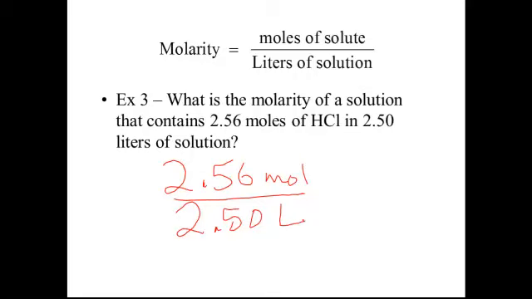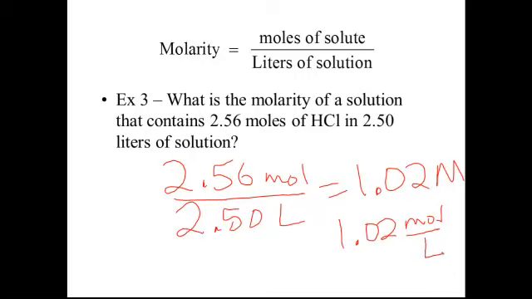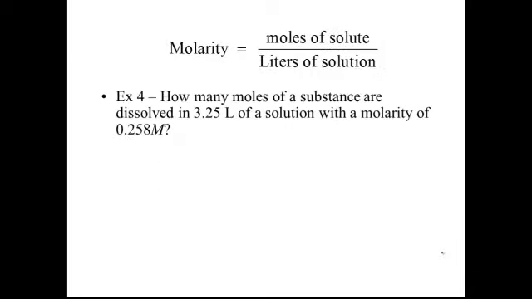So 2.56 divided by 2.5 equals 1.02. Now there's a couple of different ways you can write your answer here. You can write just 1.02 big M, or you can write it as 1.02 moles per liter. Either of those is a perfectly valid way of writing your units for molarity.